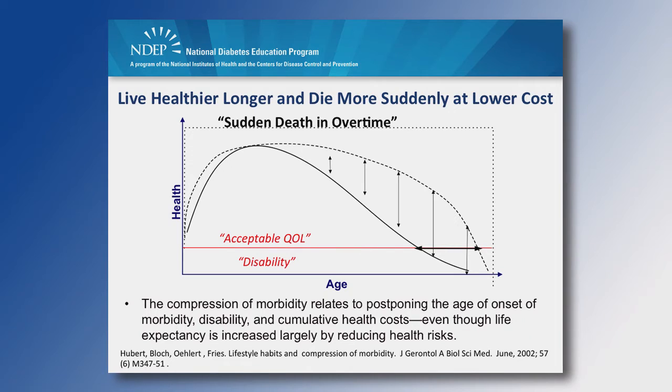And the difference, though, has been shown that if people just paid attention to some healthy lifestyle habits, and I'm not talking about being a marathon runner, I mean actively getting some walking, some physical activity, not smoking, eating healthier, they could actually postpone the age of onset of morbidity and compress it, so that their life expectancy can be increased by reducing health risks, their quality of life can be increased, but then they can, quote, live healthier longer and die more suddenly at lower cost, or experience, sports metaphor, sudden death in overtime.